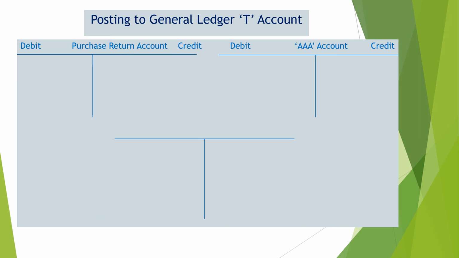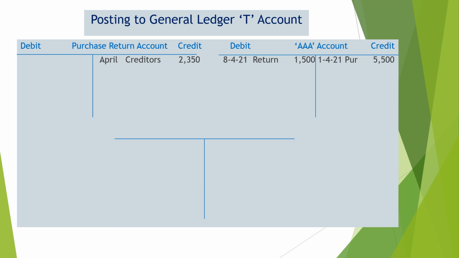Now let's go to post the transactions in the GL account, which is the general ledger, and T account. So we'll open the purchase return account, and then the creditors account. The total of the purchase return daybook was 2,350, so it will be credited in the purchase return account.